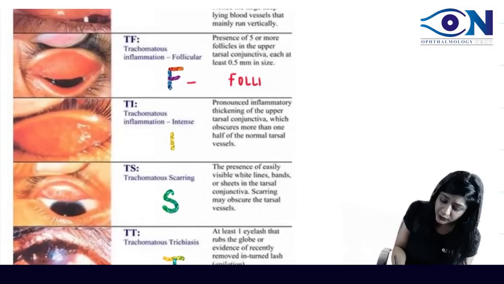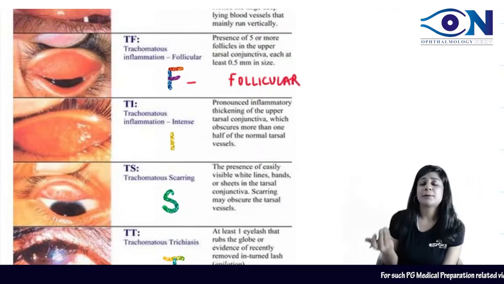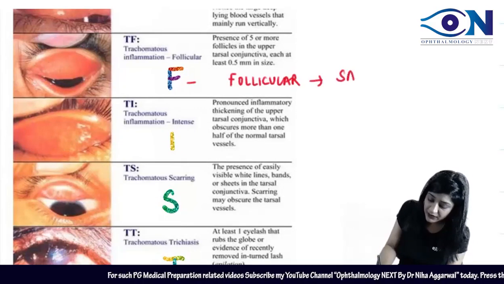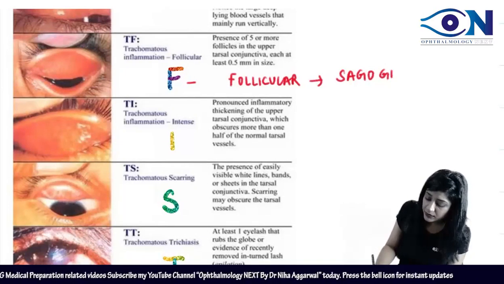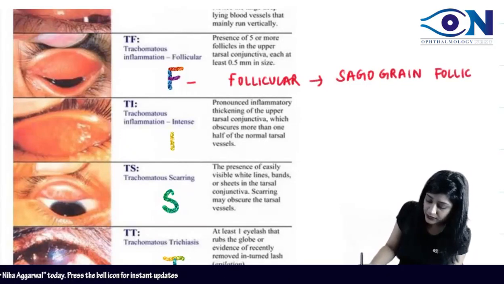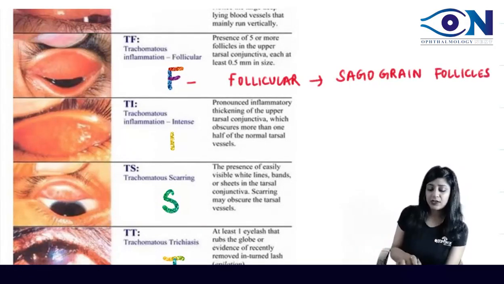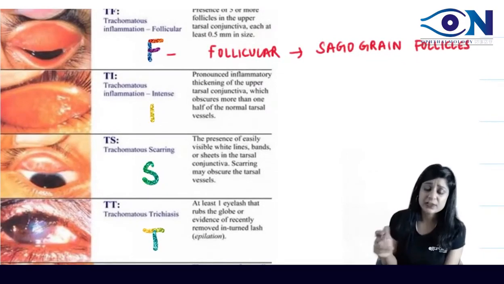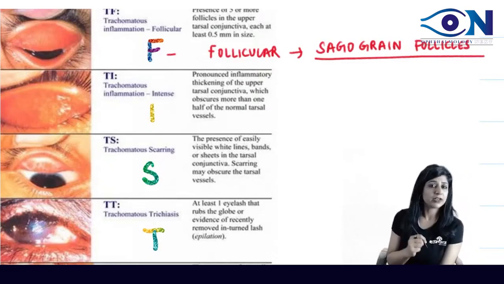So we have already talked about it, that we will have the follicles, and we will have papillary hyperplasia also. And what are the kind of follicles? We were having the sago grain follicles. So F is the follicles, and what kind of follicles? The sago grain follicles we will have.